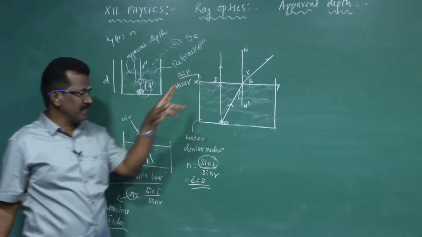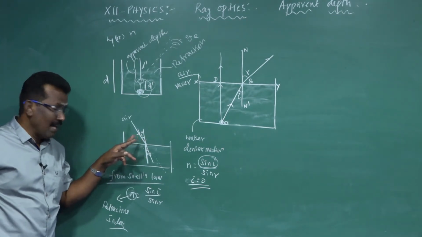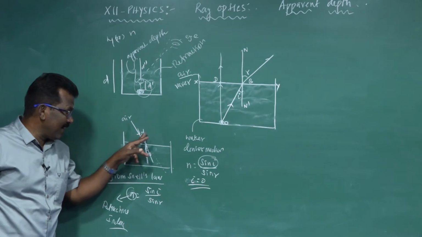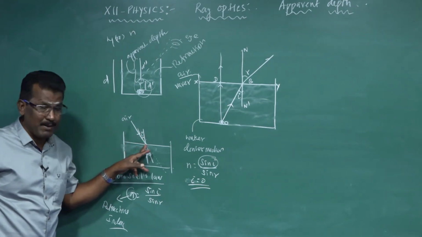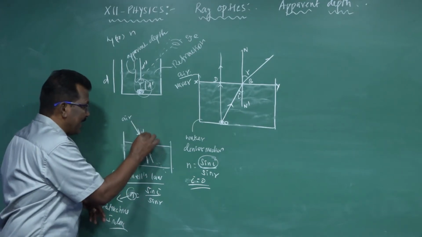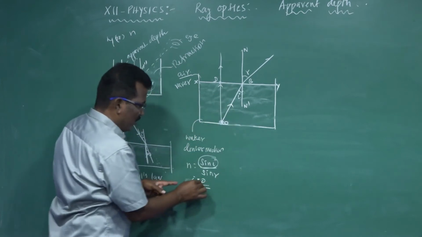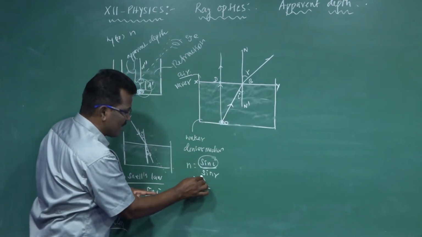What is the angle of incidence? It is the angle between the normal and the incident ray, at the point of contact which separates the rarer medium and the denser medium. Here the light is incident exactly normal to the surface, so there is no incident angle. So i is equal to 0.